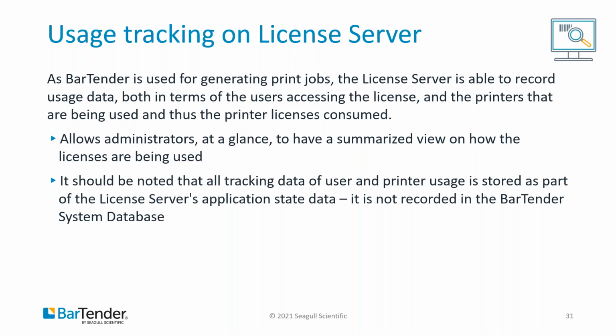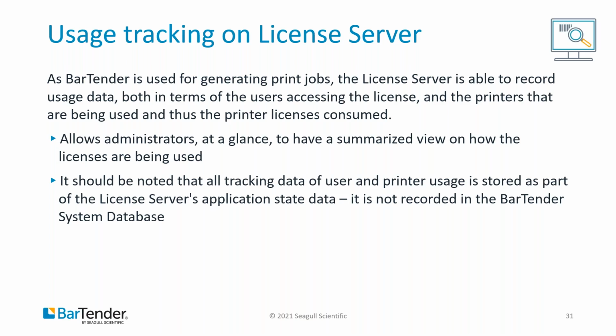It allows administrators at a glance to have a summarized view of who and how and what is being used, so they can keep an eye on things and take action should it be necessary.